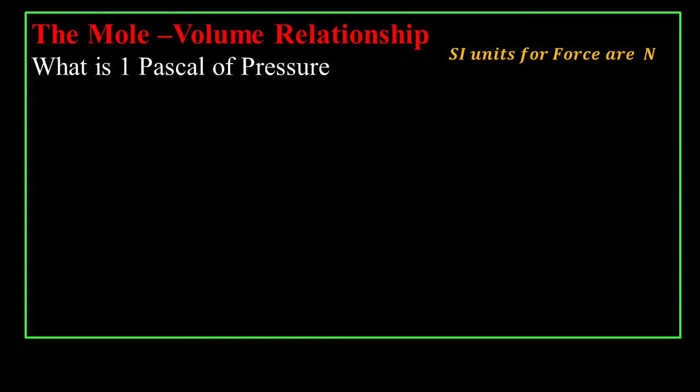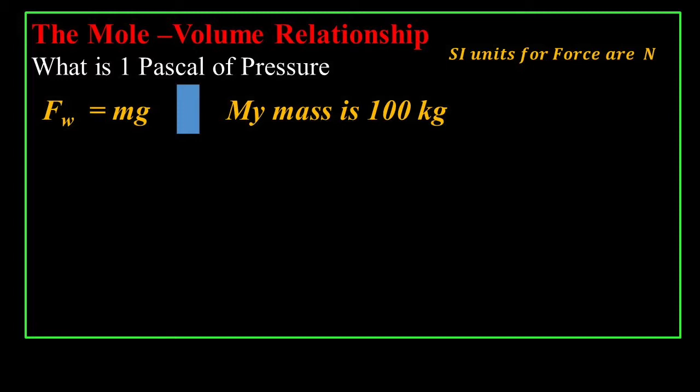Now let's review everything we've discussed so far. My weight, F_W, equals m times g. We take that equation and find my weight in newtons. My mass is 100 kilograms.